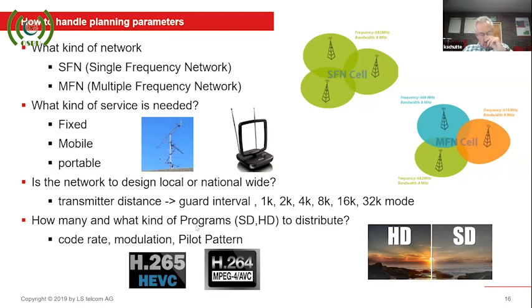And there again, we will touch on what is required for the different standard definition, high definition, also using MPEG or HEVC in the signal that's being generated at the studio.